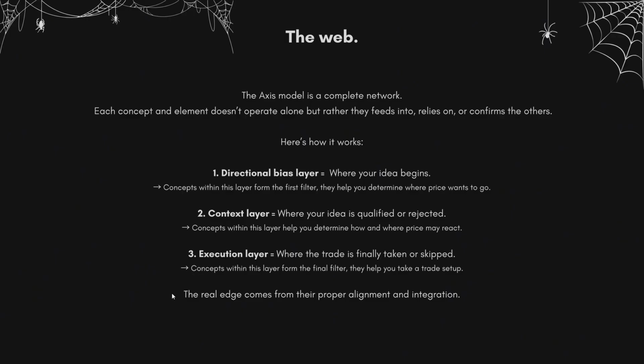When you use the concepts in this fashion, where you have proper systematic frameworks for them, that's where the real edge comes from. The real edge comes from proper alignment and proper integration, and that's what makes this web, this network, so powerful, because the layers are connected with each other.